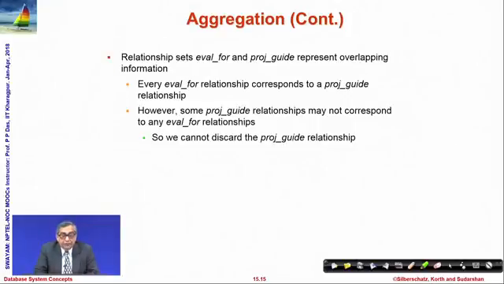So, if we have to represent the information only for the eval for relationship, we will get partial information, because it is possible that some entities in project guide do not feature in eval for, but need to be preserved, because I need to remember the project guide, instructor, the student and the project.